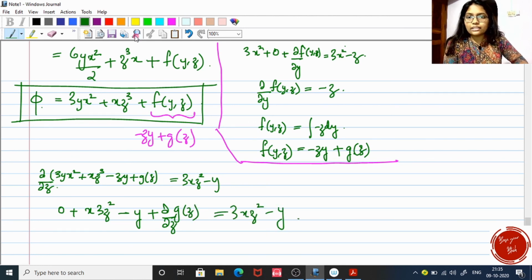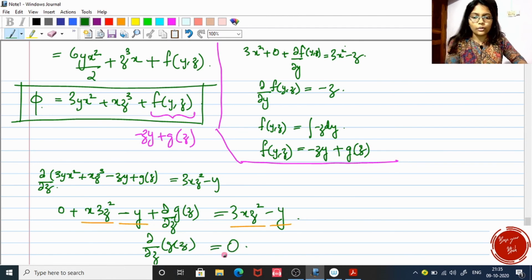So by comparison we have 3x z square both in LHS and RHS, also negative y both in LHS and RHS. So we are now left with dou by dou z of g of z equal to 0. Now again here g of z contains only its variable z and the derivative is 0, which implies that g of z must be a constant, a mere number. Okay, so that's it.